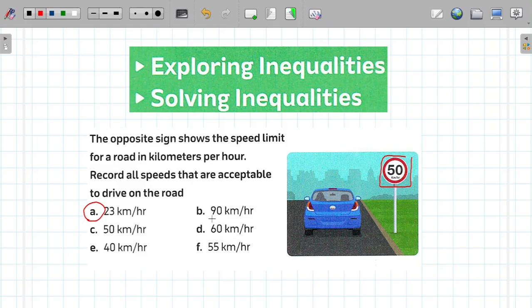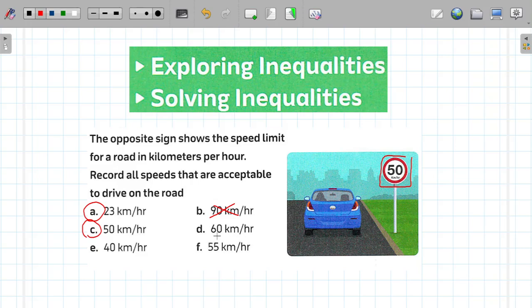Next, I have 90 kilometers, and 90 is more than 50, so it's not acceptable. The third one, I have 50, so maybe it's acceptable or not acceptable. But the speed limit here says the maximum is 50, so 50 is acceptable. So the third choice is acceptable.